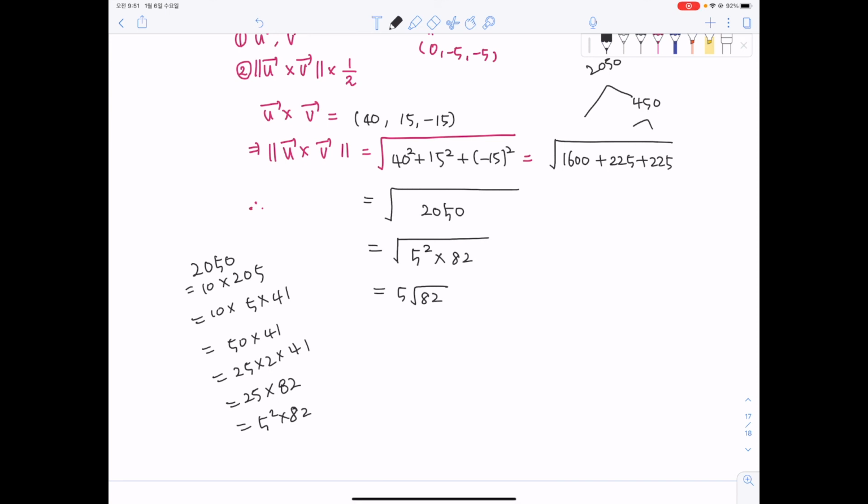Okay, so our area of the triangle is 1/2 times the norm of u cross v, so it is 5 over 2 root 82.